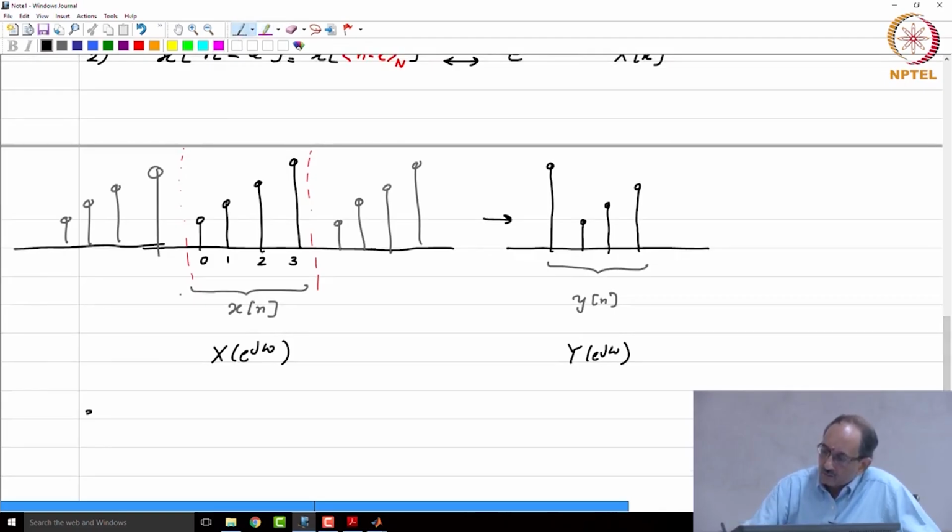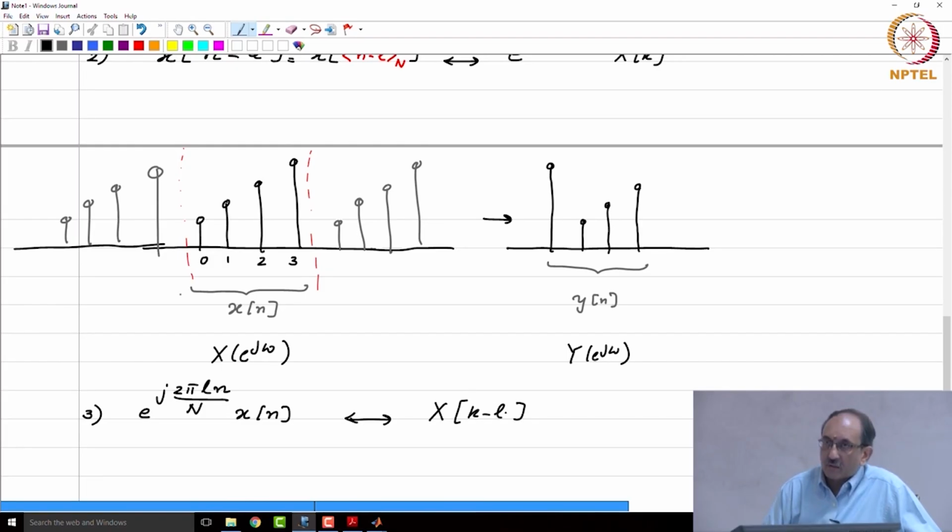And the counterpart to the shift in the time domain is modulation. If you have e to the j 2 pi k l n by cap N times x of n, this is nothing but X of k minus l.